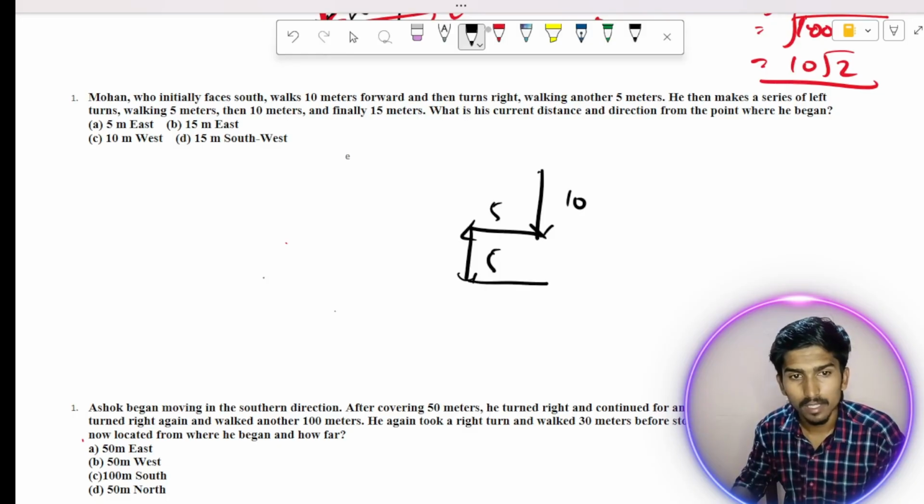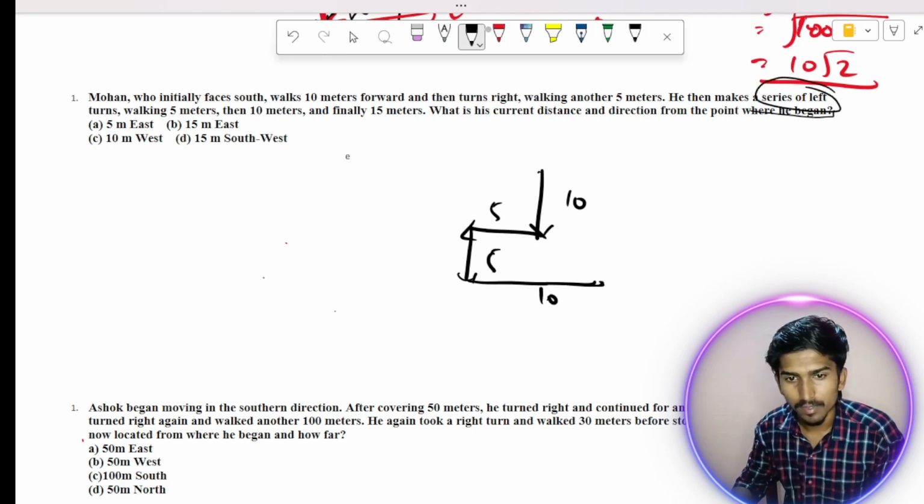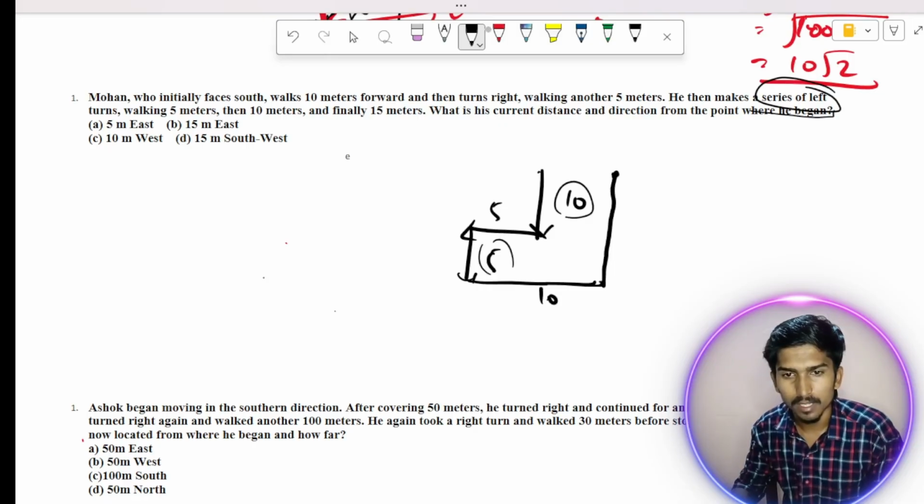This is left, how many? 10 meters. If it is 5, more than 5, the line in the diagram should be 10 meters. And then again left, because they just told a series of left. Okay, series of left. Here 5, here 5, here 10, and again finally 15. If it is 10 and it is 5, it's common sense that here it is 5 plus 10, which is 15 meters.